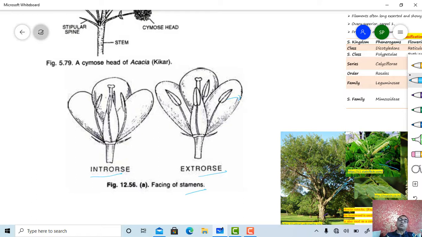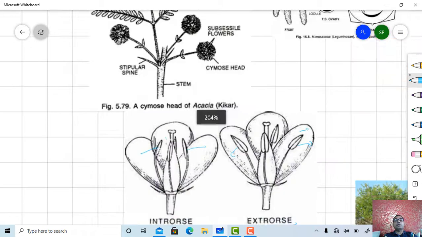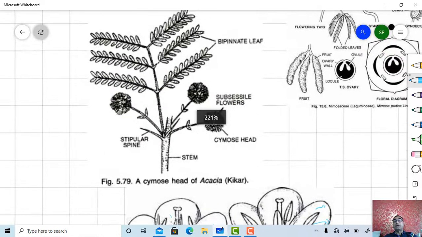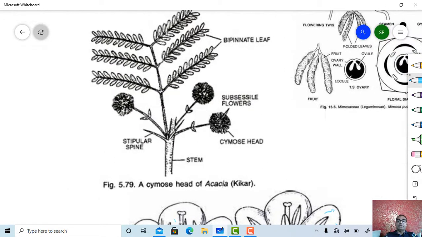See the position or facing of the anther, while these are introrse, they are facing inward, okay, while these are facing outward. Then this one is a cymose head type of inflorescence present in the Acacia arabica or nilotica plant. So these are bipinnately compound type of leaves.